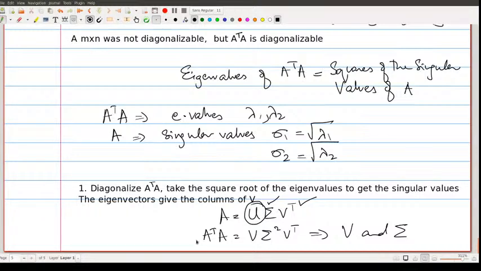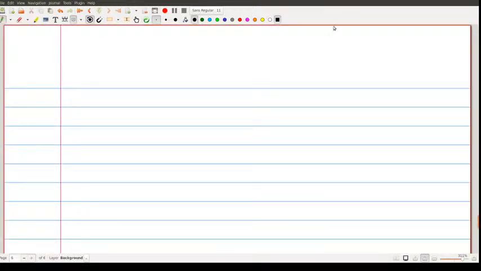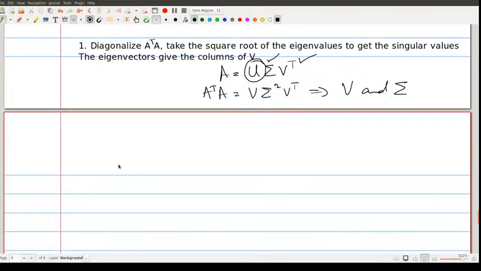And for U, we do a similar thing as we did just now for V. Instead of A transpose A, we're going to do A A transpose. So that's going to be U sigma V transpose, and in this bracket, we will have U sigma V transpose, whole transpose.